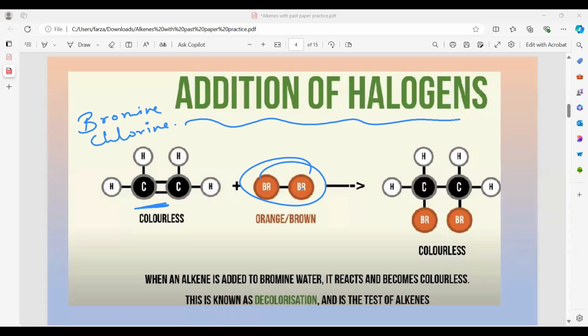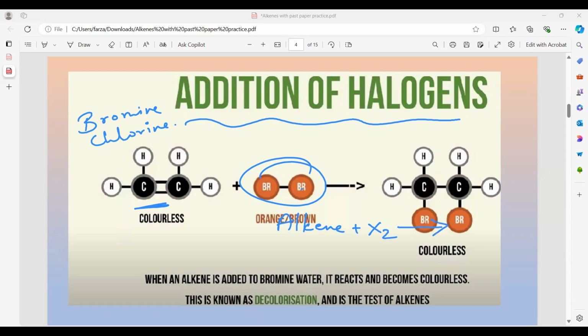When a halogen is added, it breaks the double bond, and each carbon atom forms a new bond with a halogen atom. You know that halogens are diatomic molecules, so whether it is Br2 or Cl2, they are diatomic.